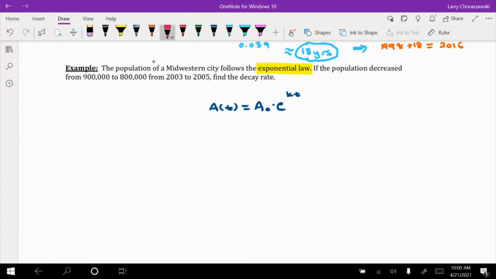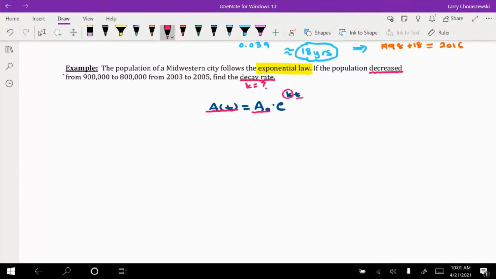Now, first of all, it's a decay rate because it's talking about the population decreasing, and the decay rate is given by k. So this is what we're trying to find in this problem. So that means we should be able to come up with values for A of t, A sub 0, and t.